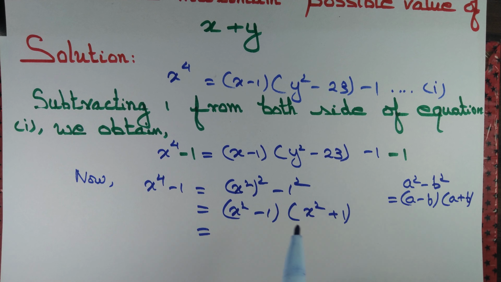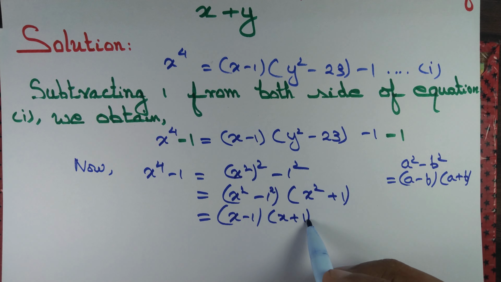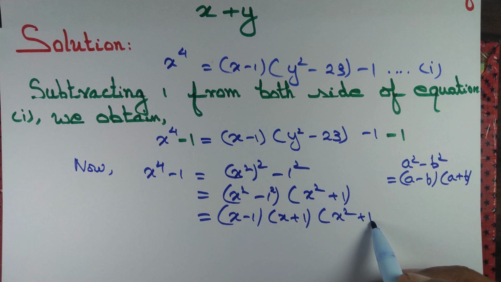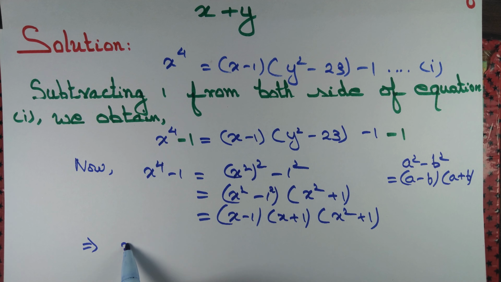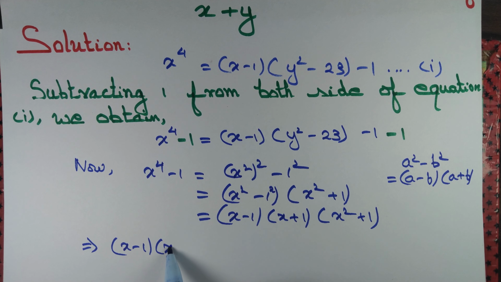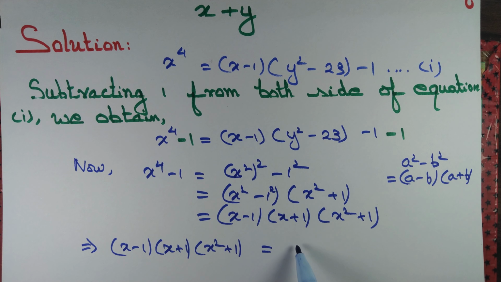Once again x square minus 1 can be written as x square minus 1 square, and that's equal to (x minus 1)(x plus 1). So x to the power 4 minus 1 can be replaced by (x minus 1)(x plus 1)(x square plus 1). That implies (x minus 1)(x plus 1)(x square plus 1) equals (x minus 1)(y square minus 23) minus 2.